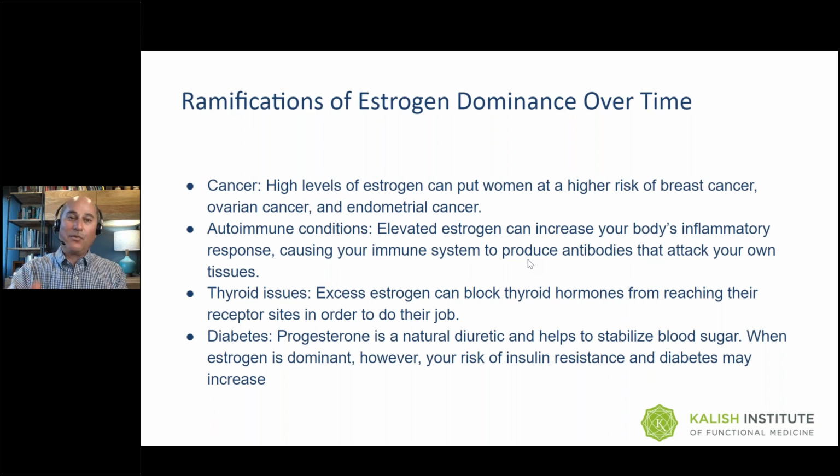So if you're making the normal amount of estrogen, but you're not breaking down the estrogen at the right rate, then you're going to have estrogen dominance. Makes sense. So you don't have to have excessive estrogen production to have estrogen dominance. Normal estrogen production with poor clearance of estrogen is going to lead to a larger amount of estrogen in some women than they should have. And that's going to put you at risk for different forms of cancer, including breast cancer, ovarian cancer, endometrial cancer.